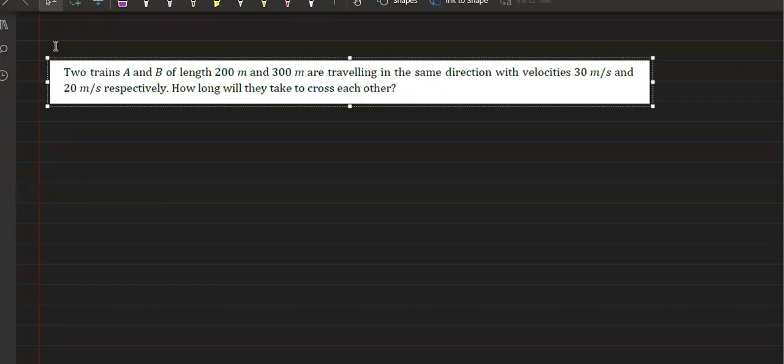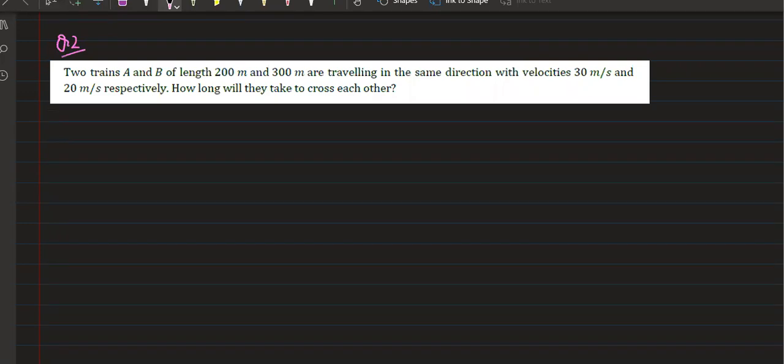I guess everyone can see it. I told you, whenever we have to solve a problem, first of all, write down all the information. We have already solved a problem like this. It's a fairly easy problem.